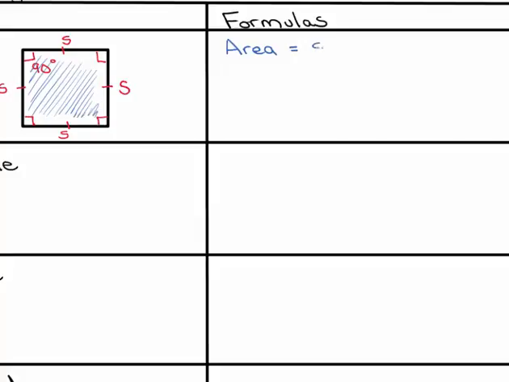We would just have to multiply S times S, or we could write S squared. If we want to find the perimeter, you just need to add up all 4 sides together. So that would be S plus S plus S plus S. Or 4 times s would be a little bit faster.